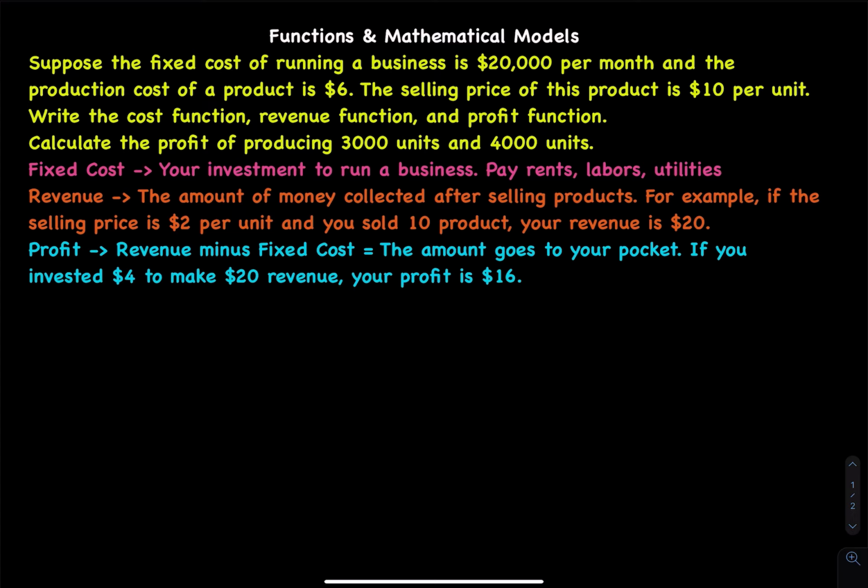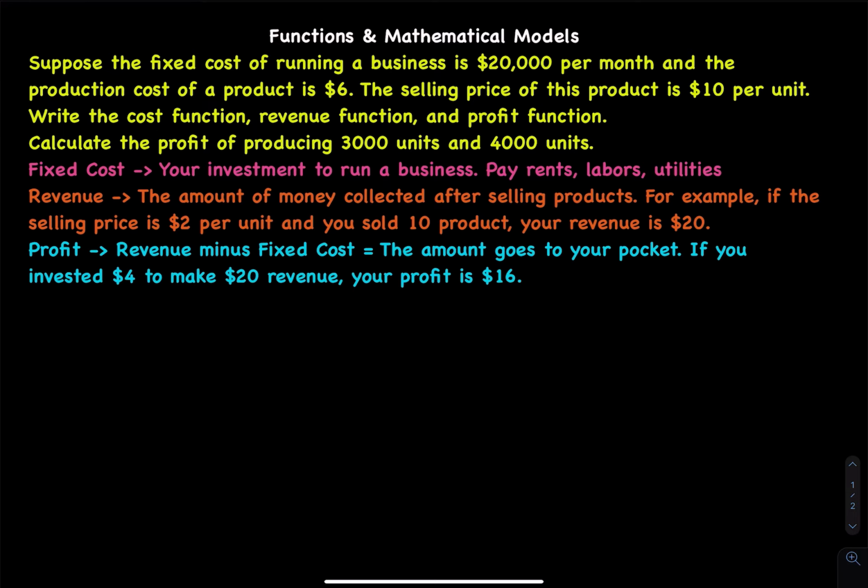What about revenue? The amount of money collected after selling products. For example, if the selling price is $2 per unit and you sold 10 products, then 2 times 10 equals $20, and that is your revenue. And don't be so happy right now, because revenue is not the total amount that goes to your pocket. Revenue is the total amount of money you collect from customers after selling many products.